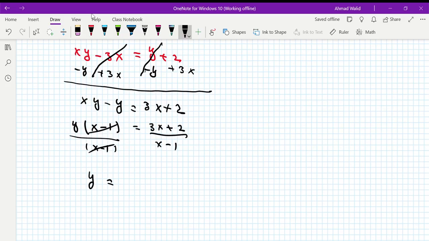Then y equals 3x plus 2 over x minus 1. Last step, f inverse x equals 3x plus 2 over x minus 1. Final answer. Correct?